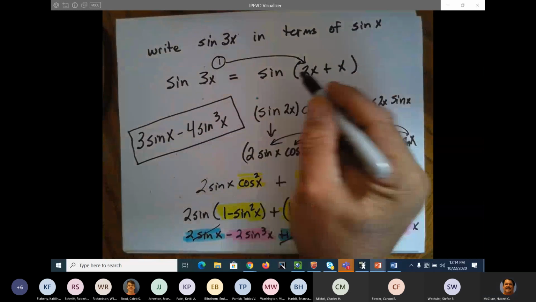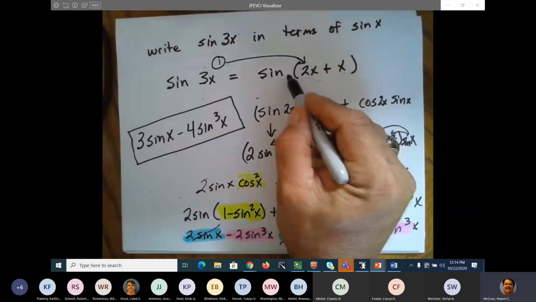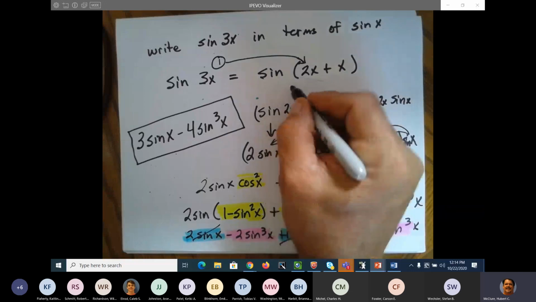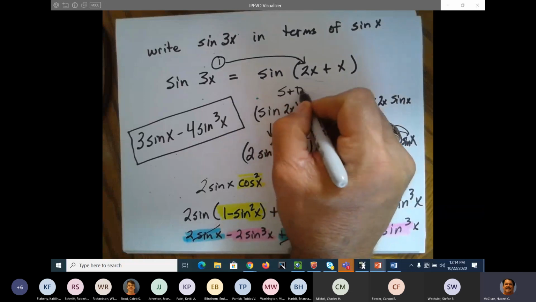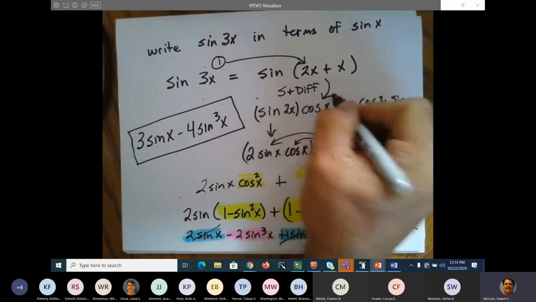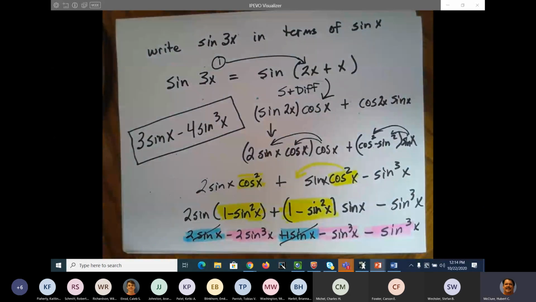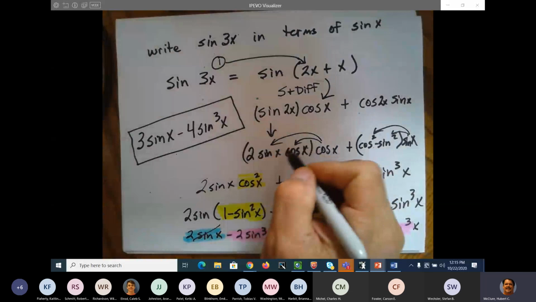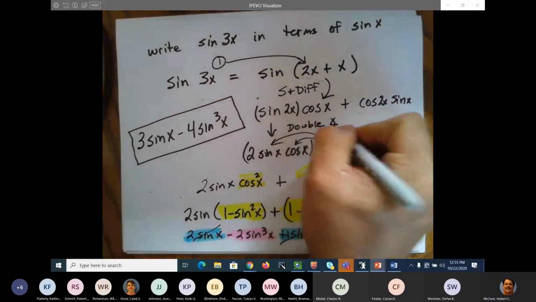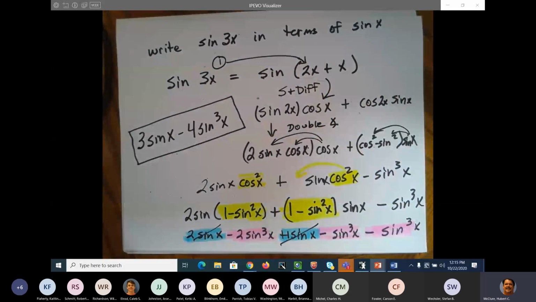You're using the sum and difference right here to go from here to here. And here you're using the double angle identities. So you're using 3 things, not to mention your algebra.